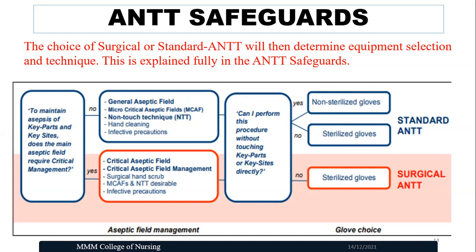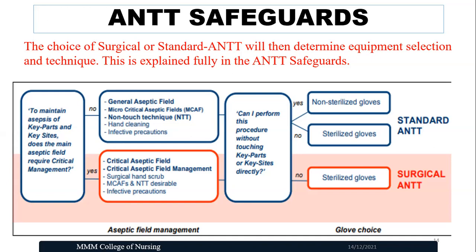Here, we need to ensure the asepsis during the procedure. And these are the fields utilized when the size or quantity of the key parts or key sites cannot be protected at all times with the covers and the caps.